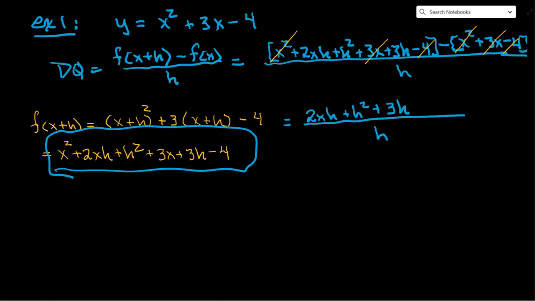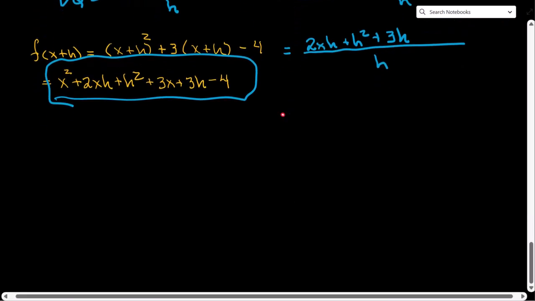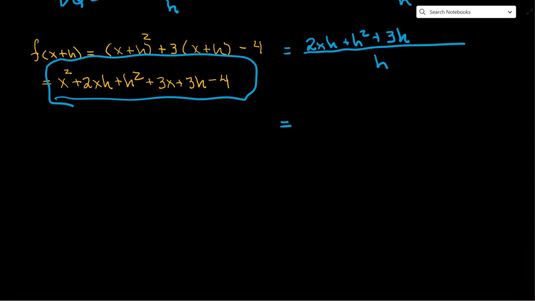As happened in the previous example, notice every term in the numerator has a factor of h. So I can take and factor an h out of each term in the numerator. And that's all over h.